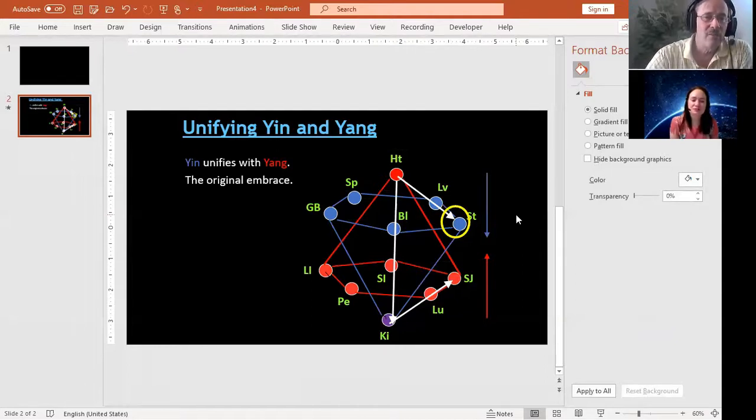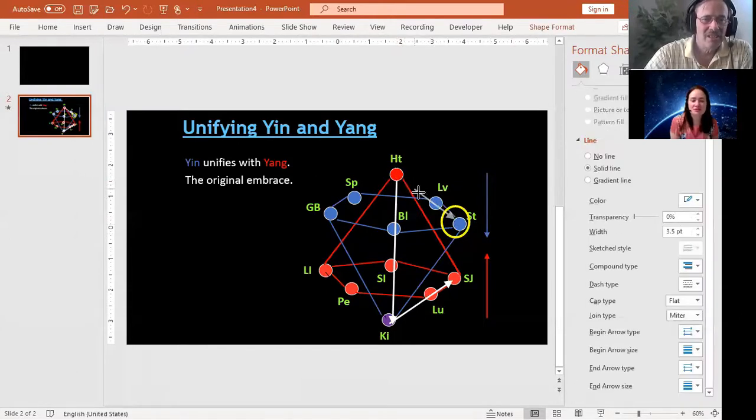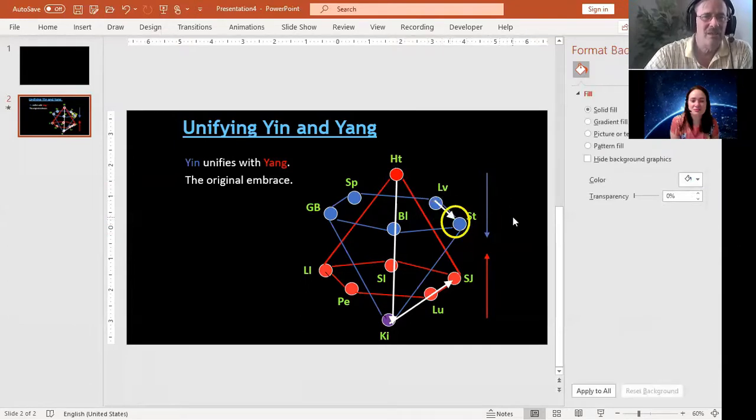So is it the heart meridian acting upon the stomach, giving it too much heat? Maybe. But then maybe it's the liver. You come over here and the liver is also feeding into the stomach. Maybe it's that wood energy rising through the body, interrupting the stomach flow and making it queasy.